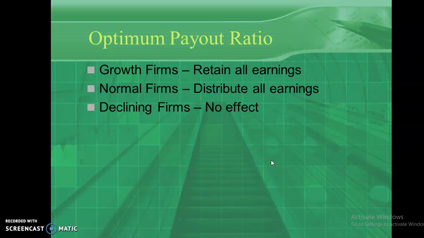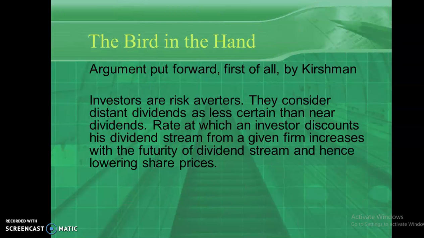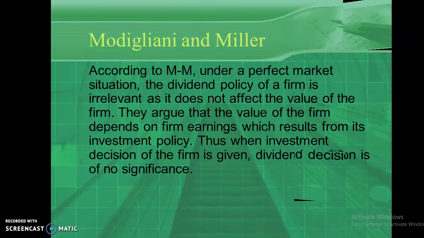And for declining firms, there is no effect. The argument put forward by Krishnan is that investors are risk averters. They always consider that distant dividends are less certain than near dividends. So definitely you want to apply the time value of money concept for calculating the value of a share.